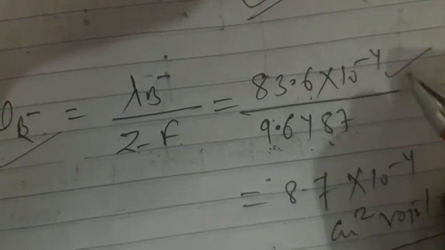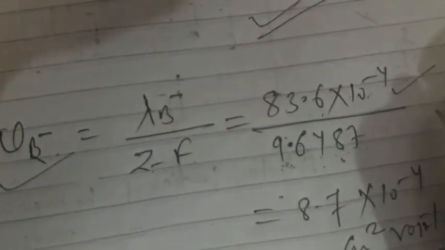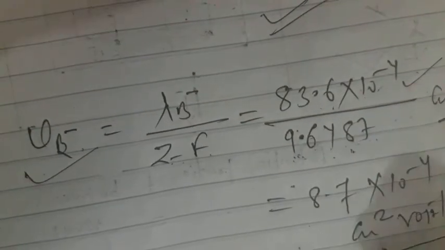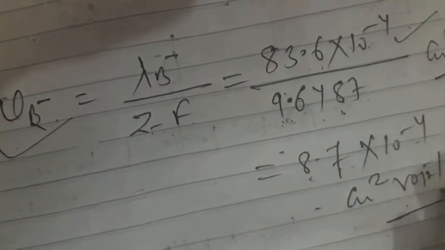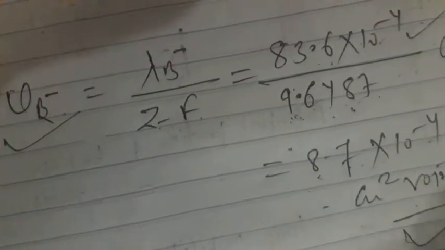This becomes 10 to the power minus 4 here, and centimeter square per volt per second is the unit of mu, and this becomes 8.7 into 10 to the power minus 4 centimeter square per volt per second. So the final answer is mu for A plus and mu for B minus. Thank you.